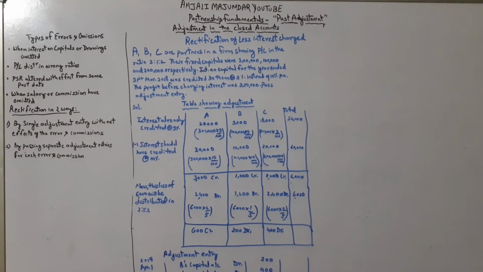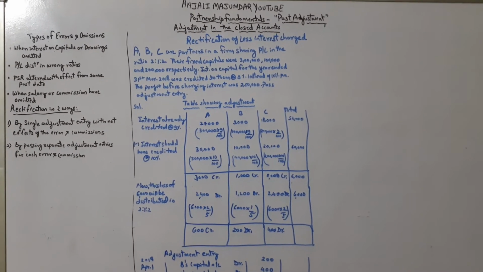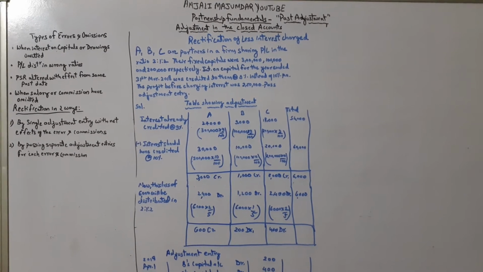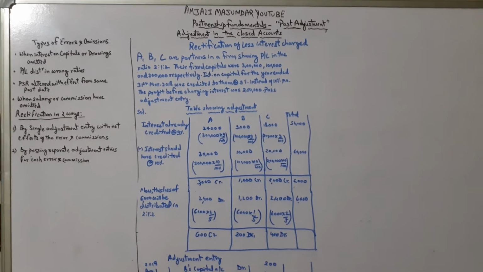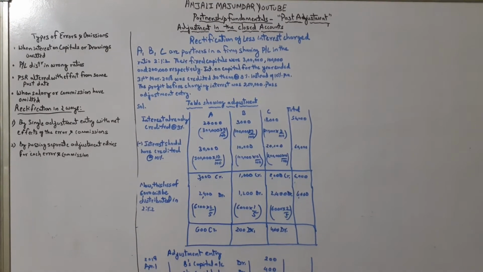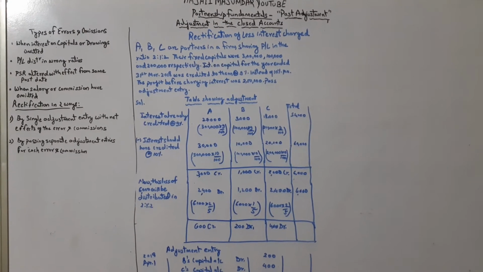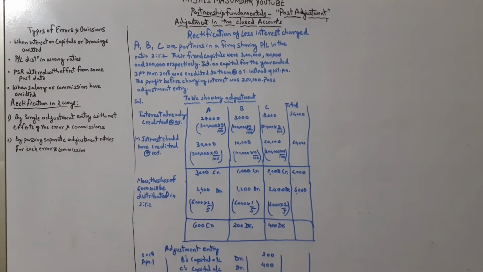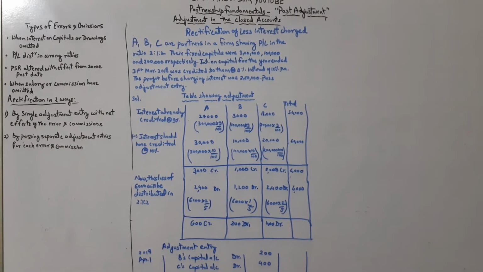Now the interest on capital credited is 3,000 in case of A, whereas the debit amount, the loss, is 2,400, and the difference is 600. Since 3,000 is greater, the credit balance is greater, therefore the balance shown here is 600 as a credit. In the same manner for B, 1,000 has been credited and the loss is 1,200.